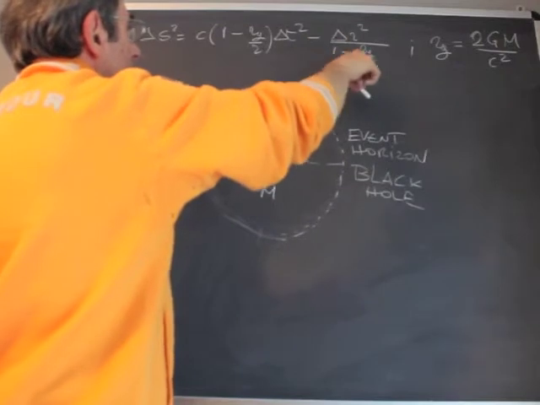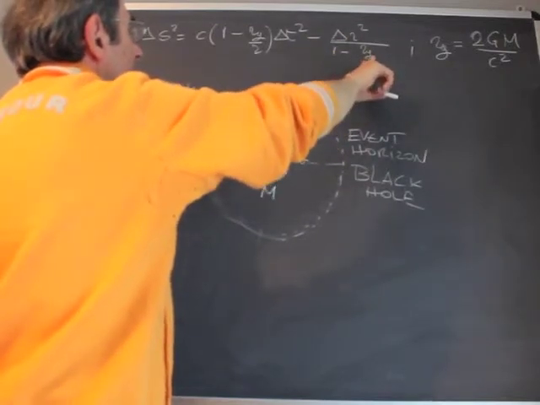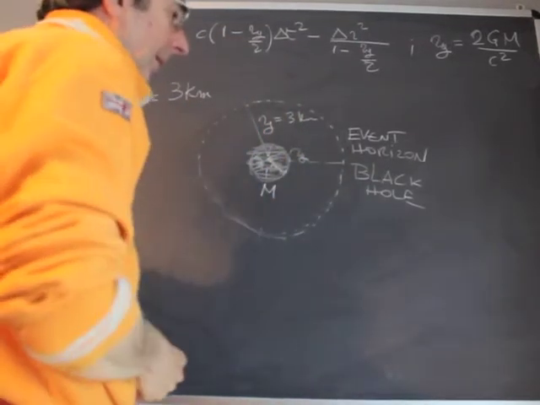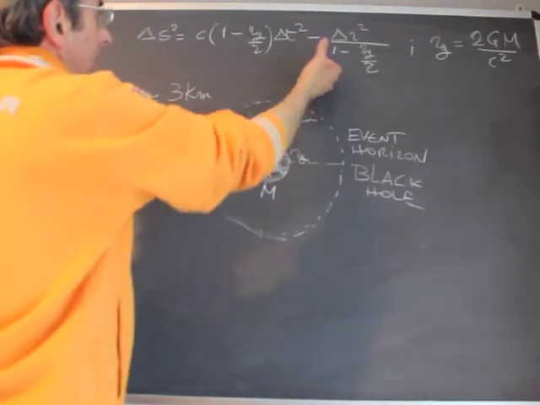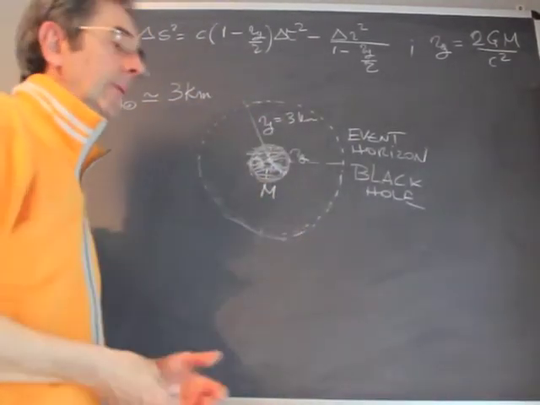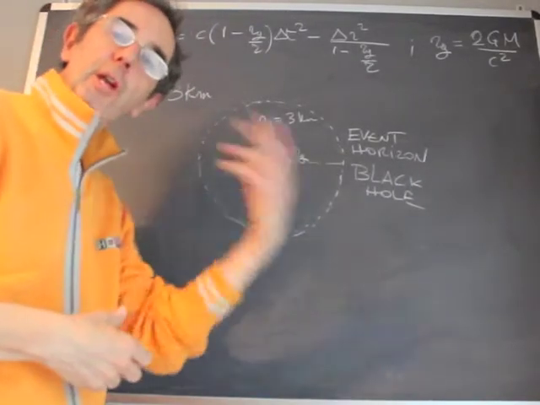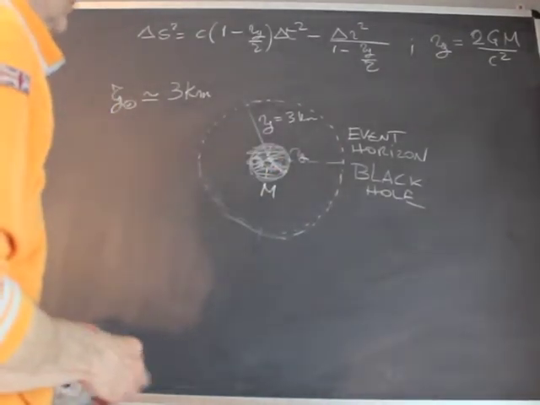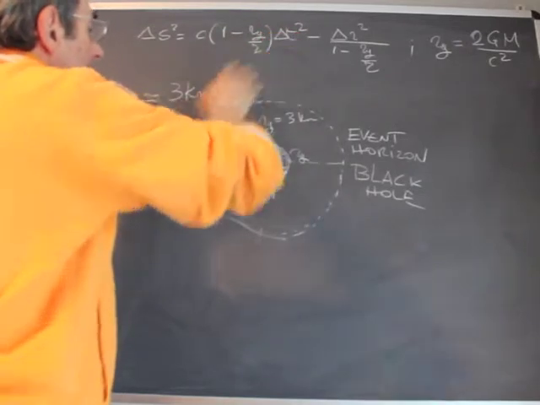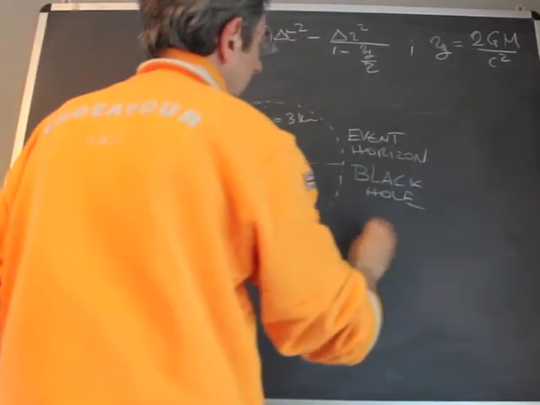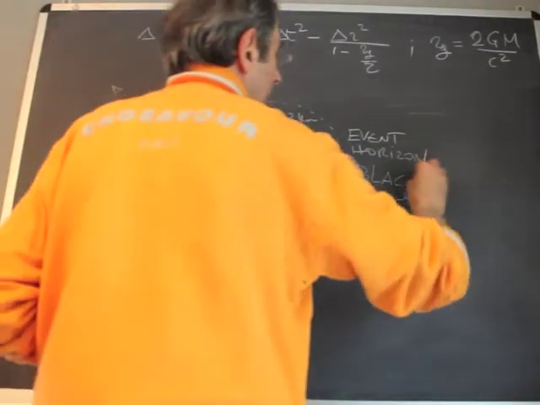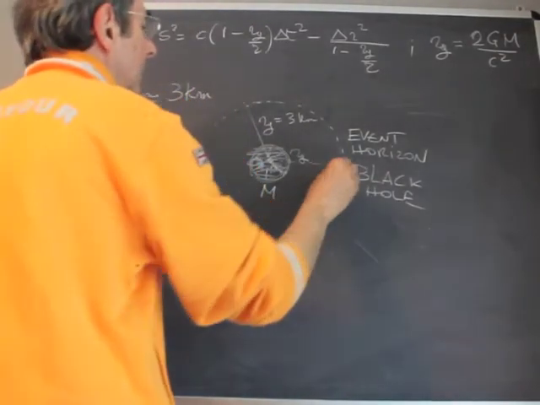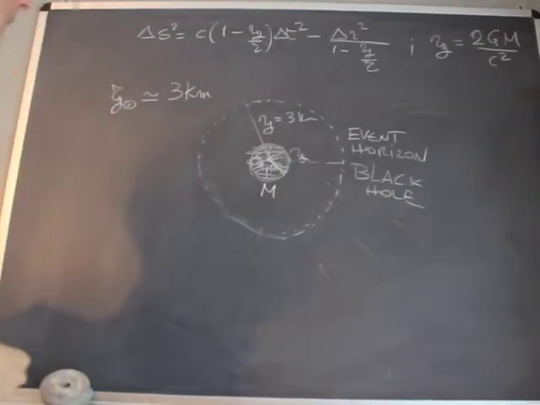This equation shows that if r is equal to rg, this is 0, this is 0, so we lose significance of the equation, and we must perform some coordinate change to handle this particular situation. So this is very good to describe all the space-time outside the horizon, at a certain radial distance from the center, but it fails to describe the situation inside the horizon.